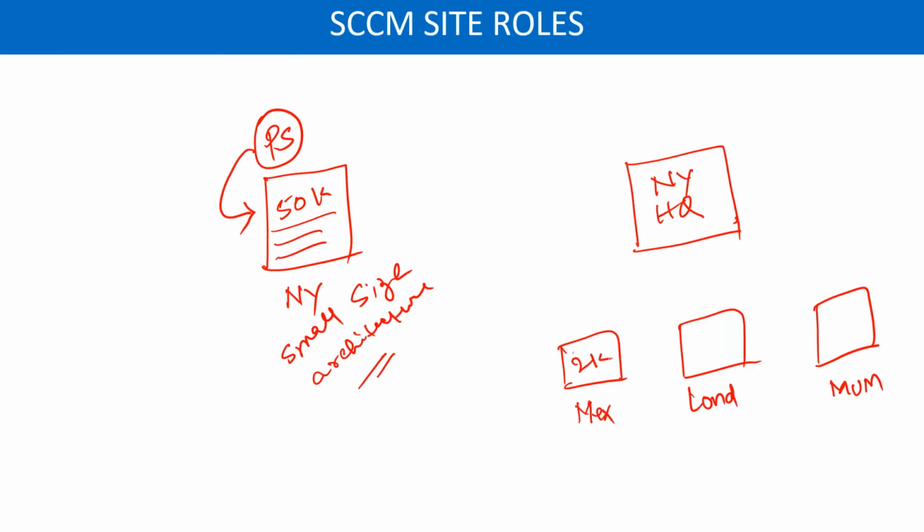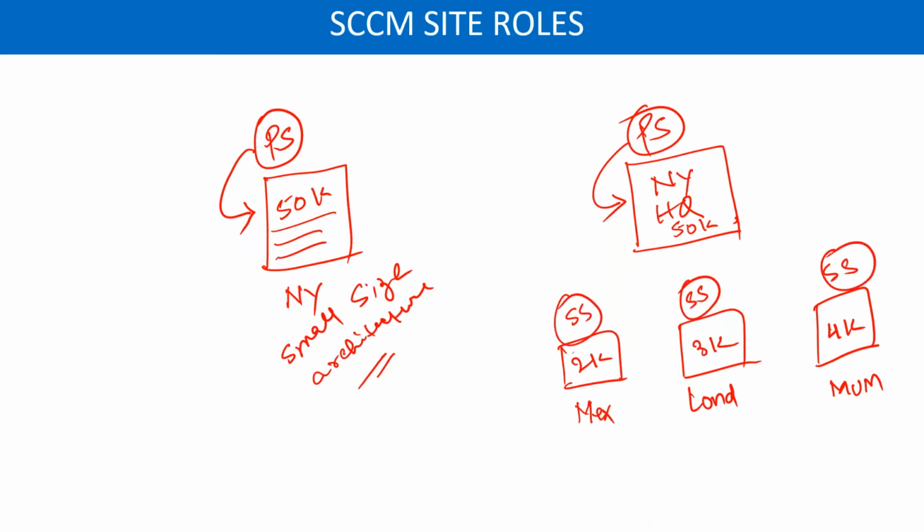Mexico has 2000 devices, London has 3000 devices, and Mumbai has 4000 devices. And here you have 50,000 devices. So the primary site is already there. We have already installed the primary site for New York. For branch offices, we need a secondary site. We will have a secondary site here, here, and here. And all secondary sites will report to the primary like this.